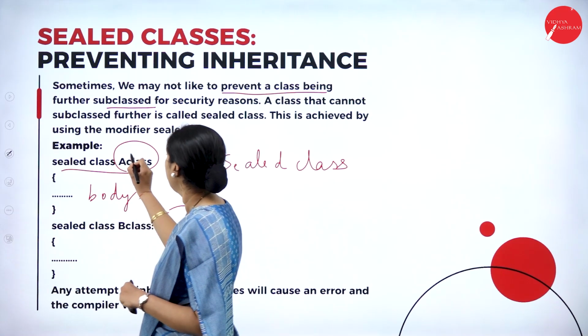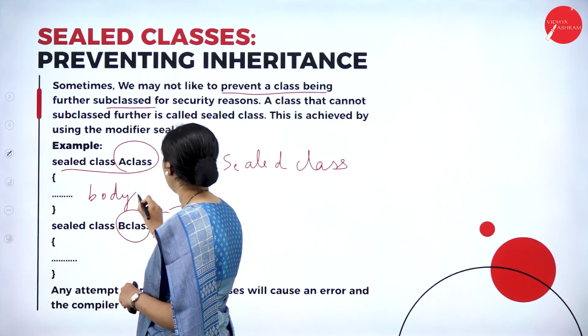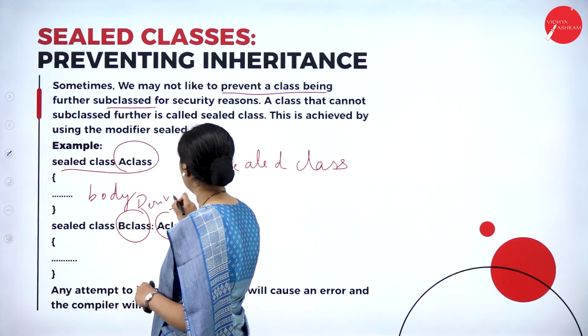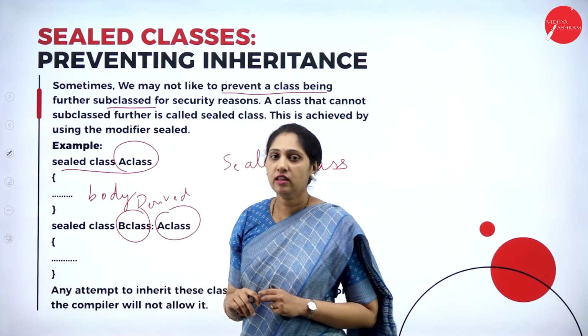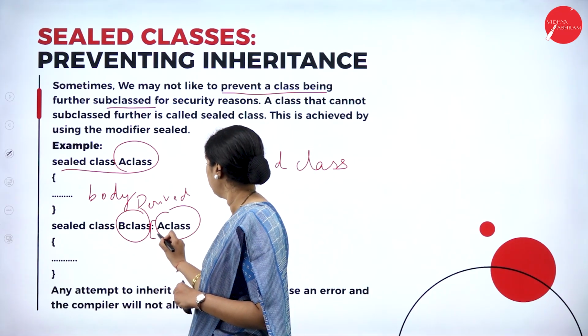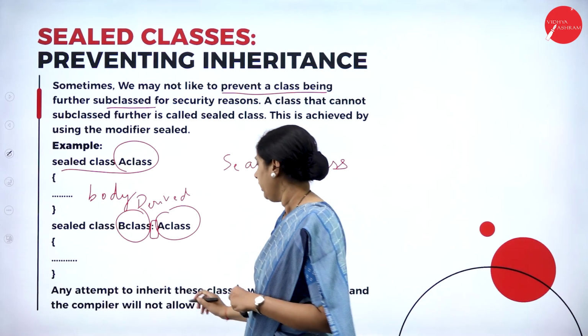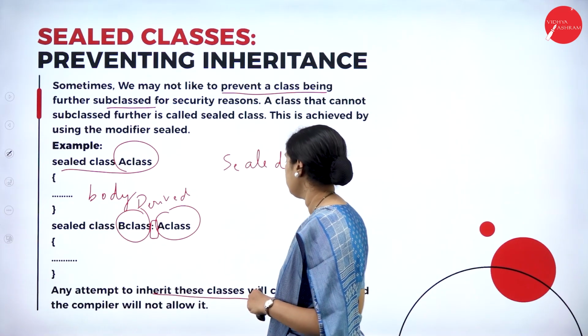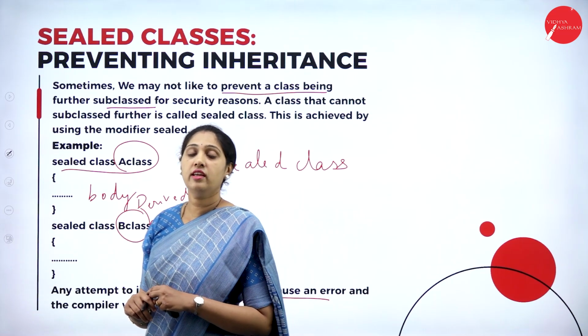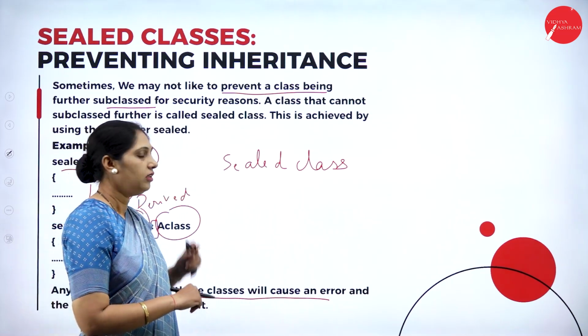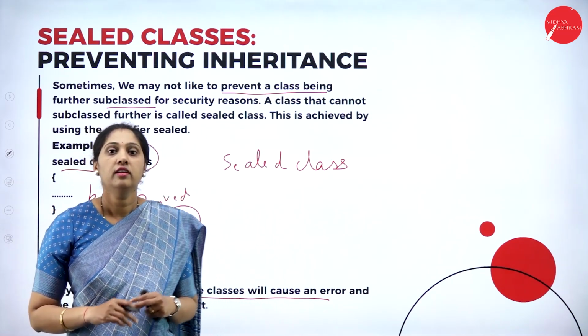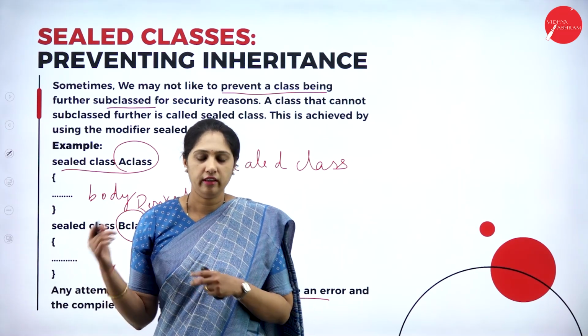I'll take my B class as derived class. How to inherit? We have already discussed. That is with a colon. And I'll call this A class. So any attempt to inherit this class will cause what? Will cause an error. So sealed class cannot be derived, cannot be inherited.